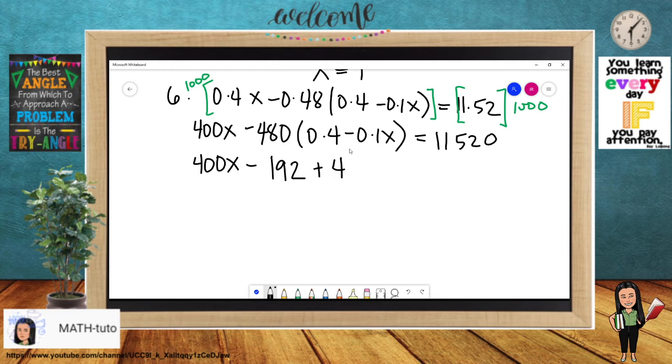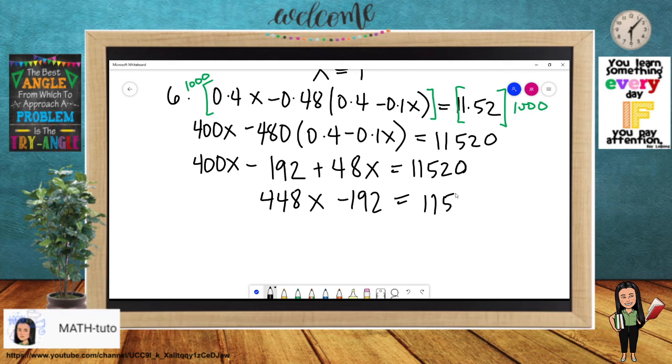Positive, dahil negative and negative. So, plus 48x equal to 11,520. Sobra yata yung nalagyan ko ng 0. Yan na. We can simplify. We can combine like terms. Ito ay magiging 448x minus 192 equal to 11,520.